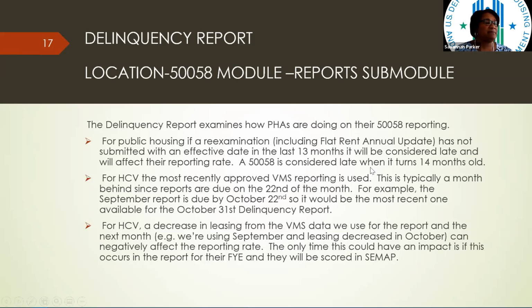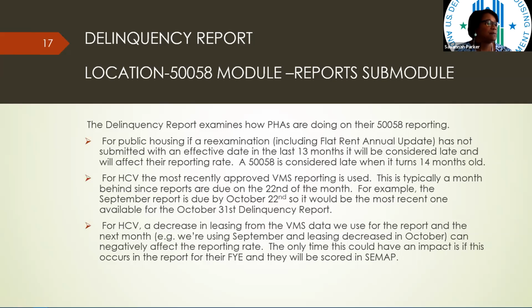And anything that turns 14 months or older as far as a 5/8, mainly your reexaminations, or if it was a new admission and you haven't processed a 50058 since the new admission and it's been 14 months or more, it's going to be reflected in this delinquency report. And it's also going to be reflected on the reexamination report.